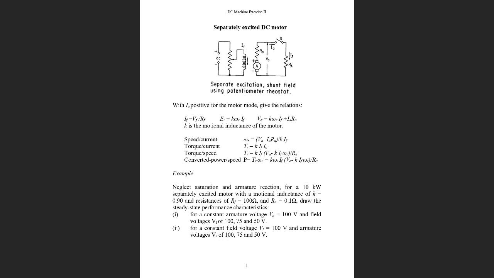In such a way, we find that the rotor speed, for a given terminal applied voltage VA, decreases with the loading current IA, and is inversely proportional to KIF. Speed equals VA minus RA IA, divided by KIF.